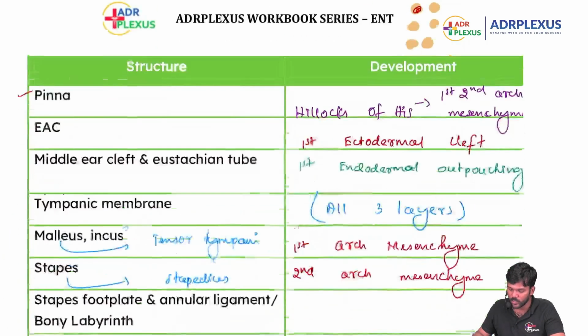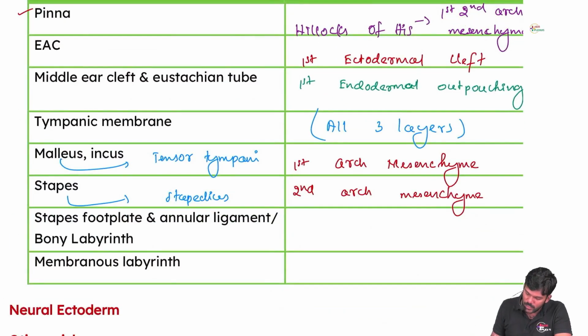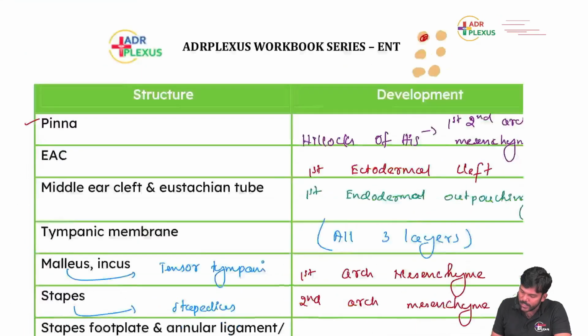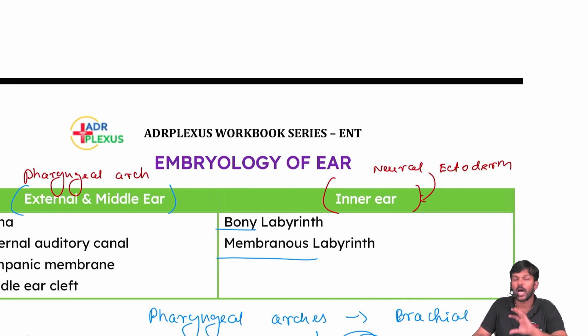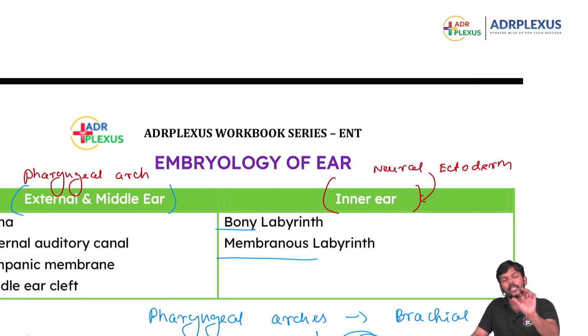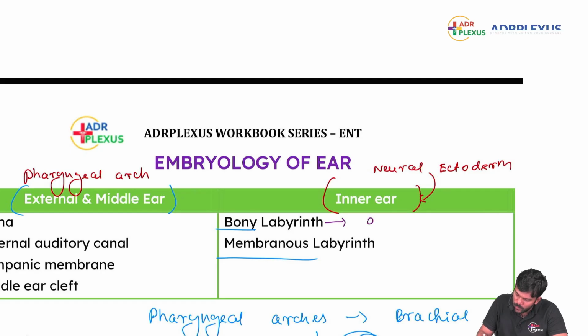I'll tell you what. See here, this inner ear is divided into two different structures called bony labyrinth, membranous labyrinth. This bony labyrinth is an outside shell-like structure. This membranous labyrinth is an inner creamy or viscous-like structure. So bony labyrinth forms from a structure called as otic capsule, which derives from the neural ectoderm.